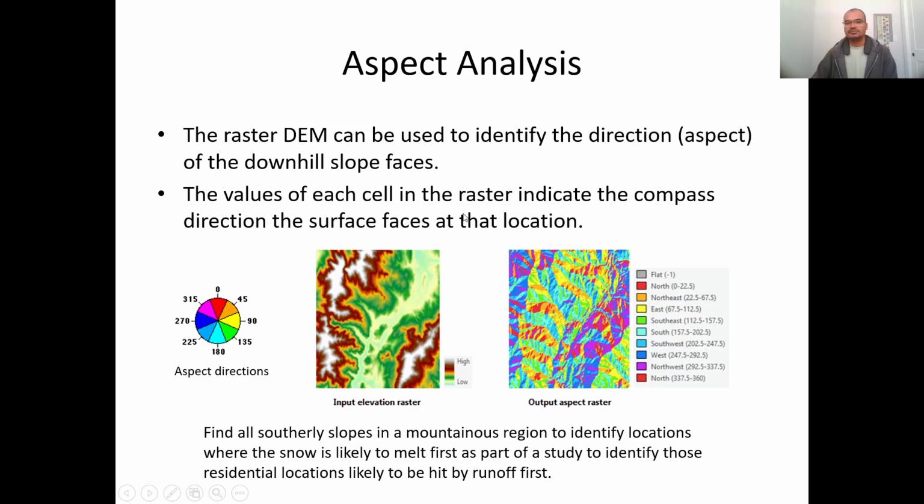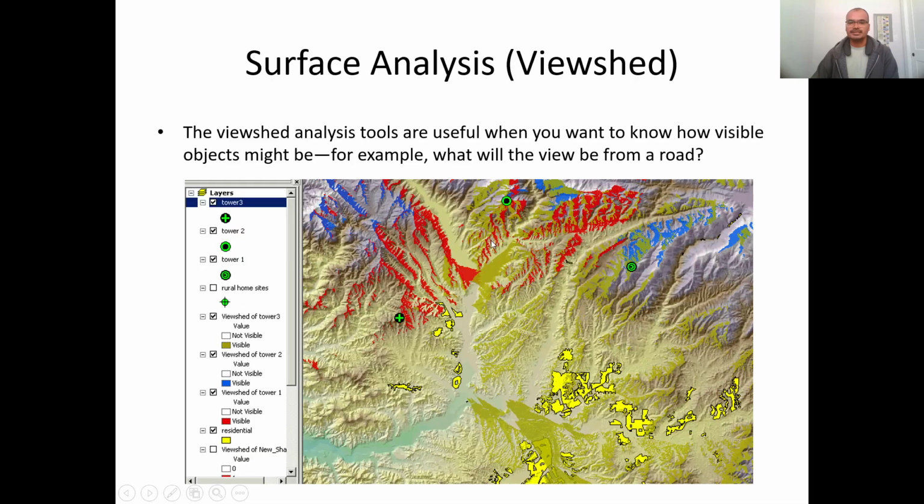With the help of a digital elevation model, you can identify the direction of the slope faces, which acts as a very important parameter for some specialized spatial analysis. For example, I want to identify all southerly slopes in mountainous regions to identify locations where snow-based runoff is maximum, especially at the onset of spring, because the southerly slope receives more sunshine compared to its northern counterpart. Those slopes you can identify easily with the help of aspect analysis.